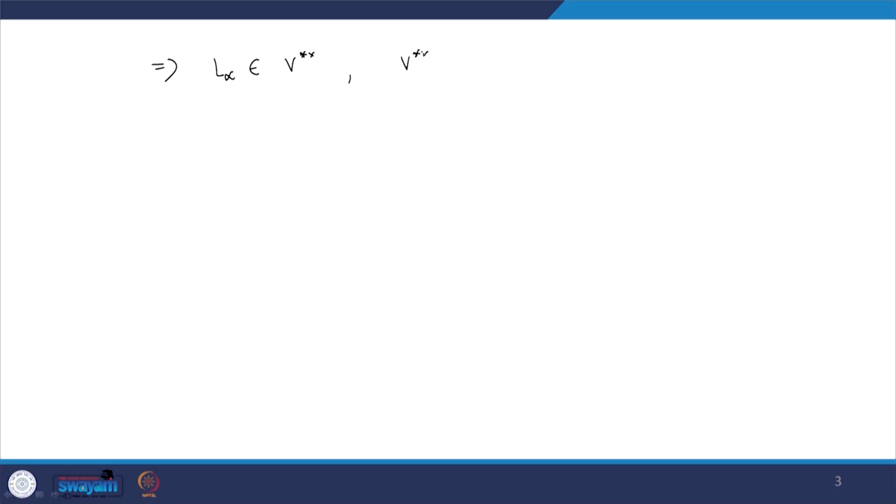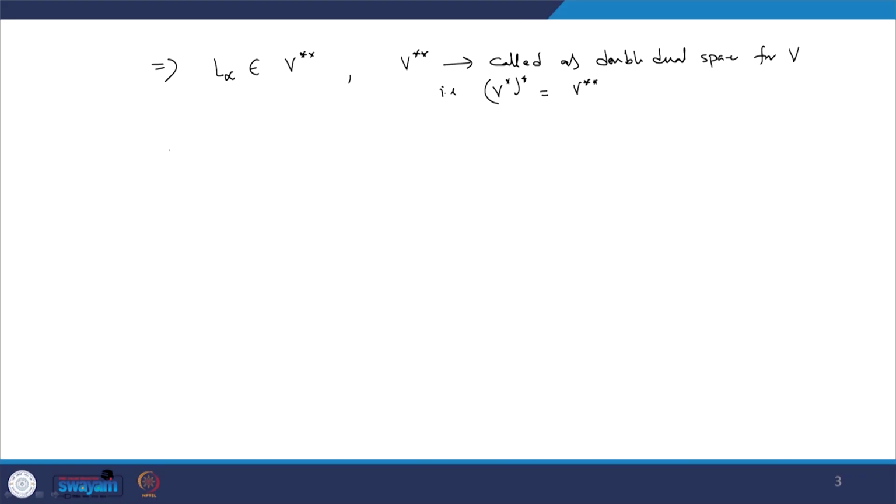V star star is called the double dual space for vector space V, that is, the dual of V star equals V double star. So, we see that for each alpha one can introduce a linear functional L alpha defined like what we have already done.